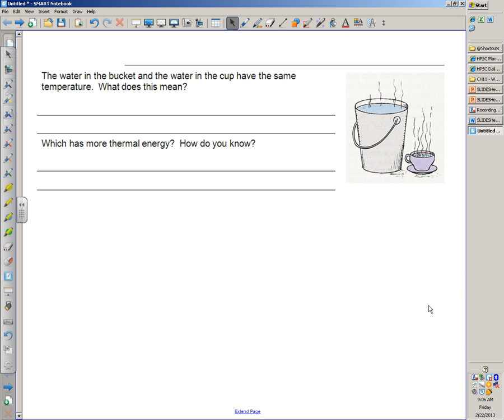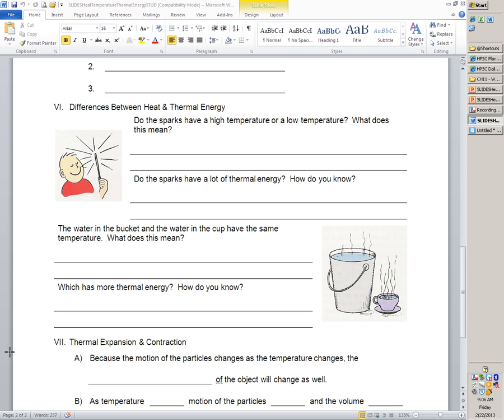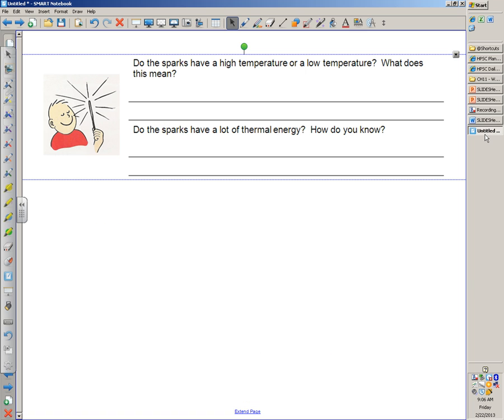All right. Just to review this last point, two more questions on that outline. You've got a picture of a kid holding a sparkler. I know it looks kind of like a magic wand, but it's a sparkler. Do the sparks have a high temperature or a low temperature?